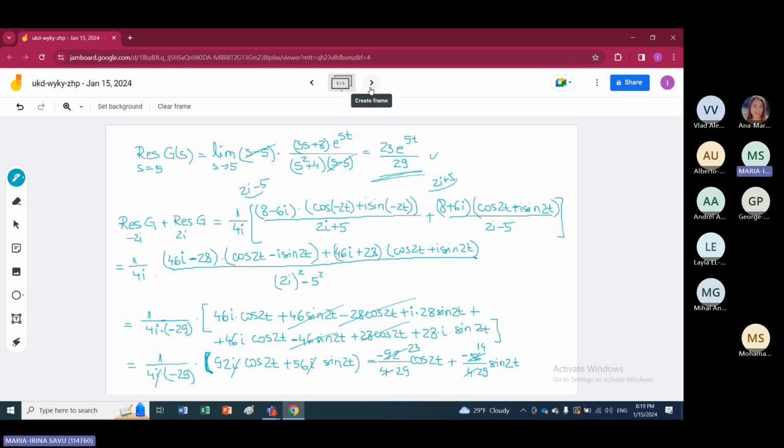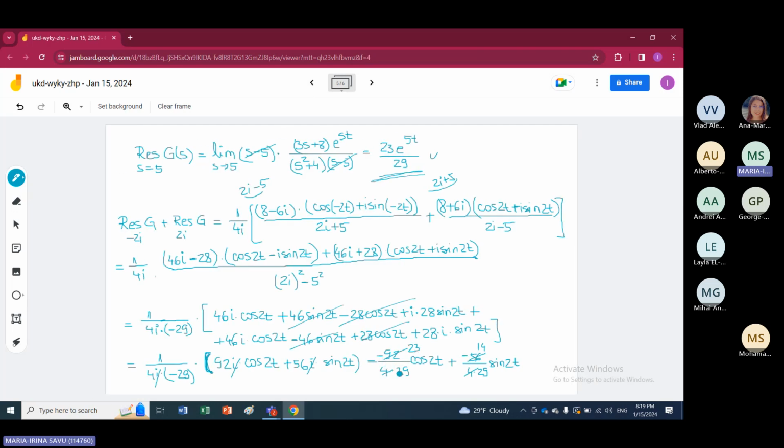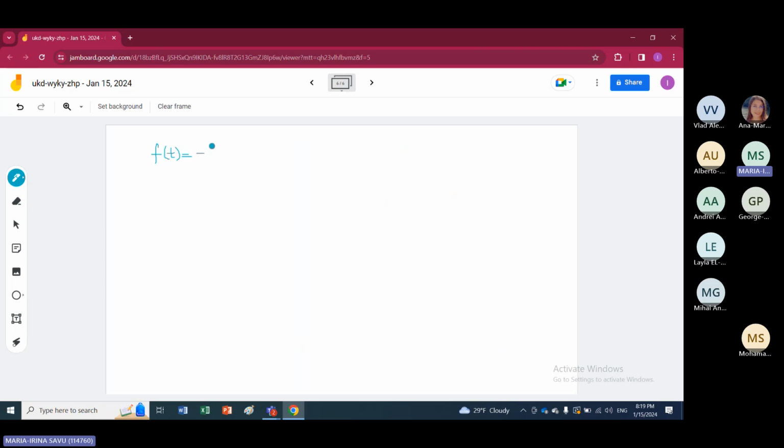Okay, so in the end, your function will be this one plus this one plus this one. Okay, so f of t will be this one, which is minus 23 over 29 cosine of 2t. And you can notice here that this is the value of a from the first method.